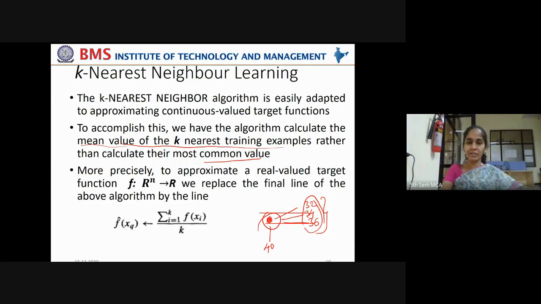So it doesn't consider that. Here, three data points have attributes that are similar with this new instance. So it will consider that set. And how is the target value assigned? Here we are not classifying. Classifying means you can simply put that new instance into a class. But we are not performing classification. You are calculating the continuous value.